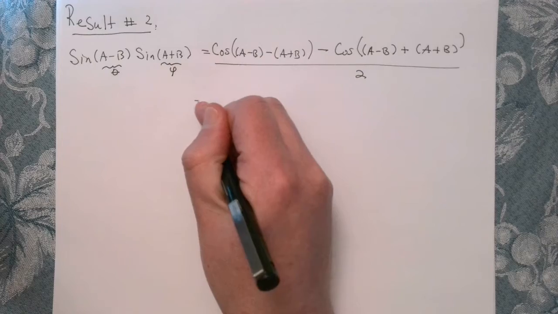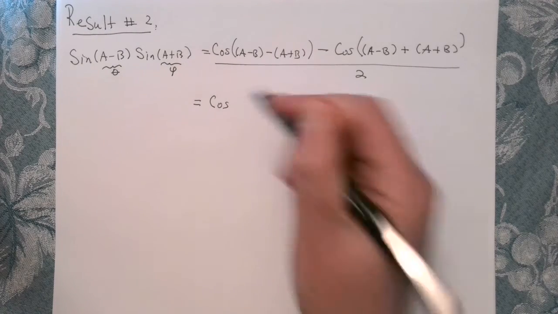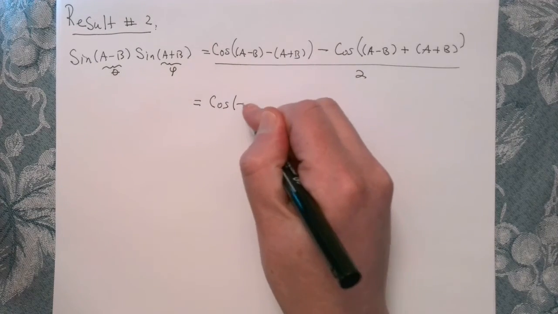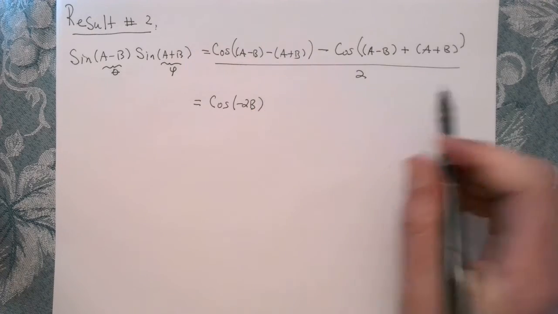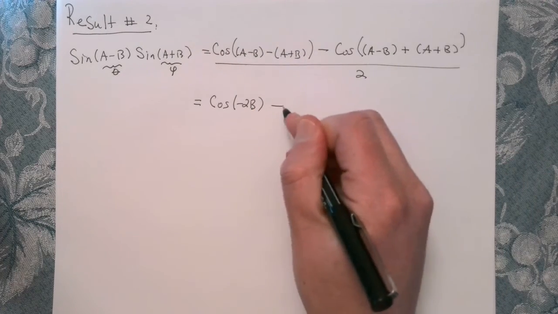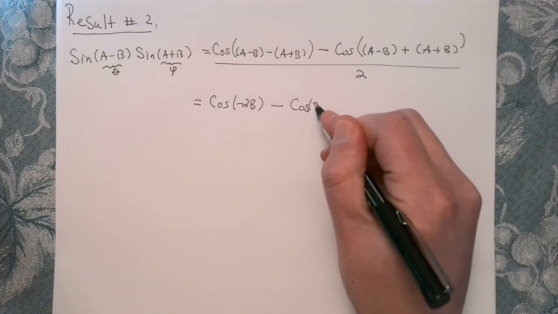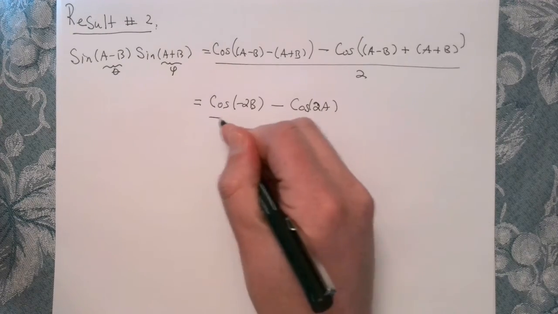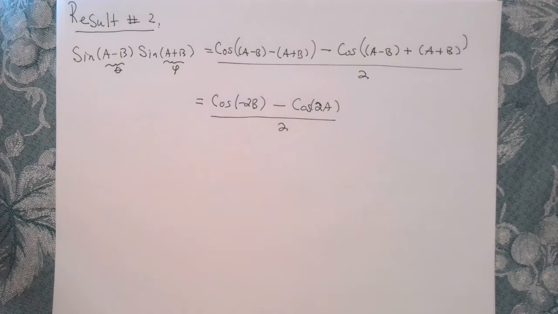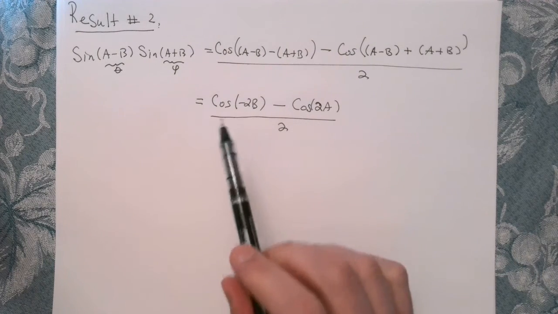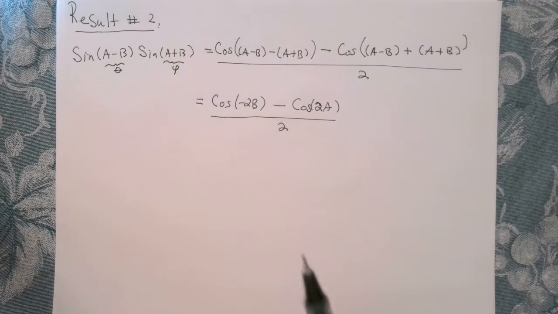Okay, so definitely some like terms going on here. So we've got the cosine of, it looks like minus 2b. And then here we've got the cosine of, looks like 2a. So just combining your like terms there. That's all over 2. Now recall cosine is an even function. So remember that? So what does that mean?